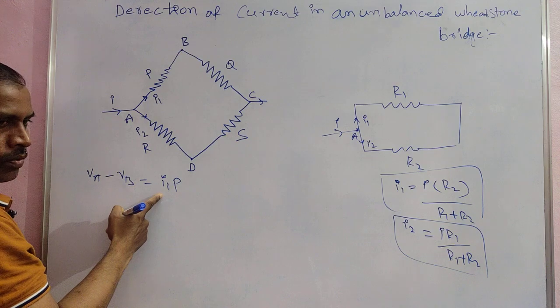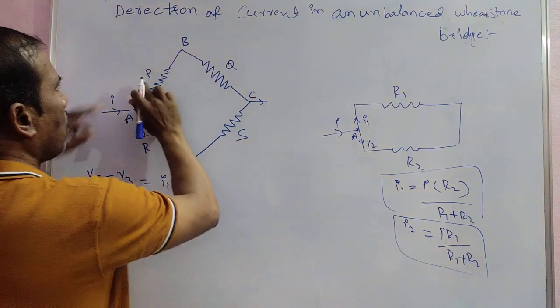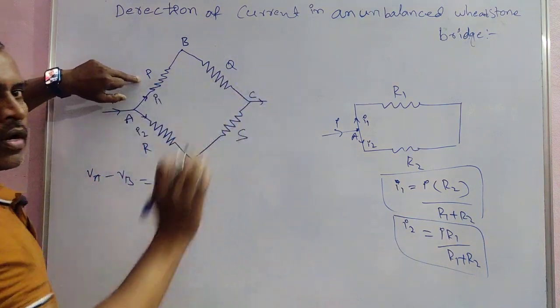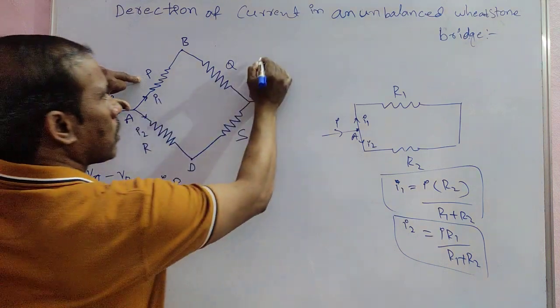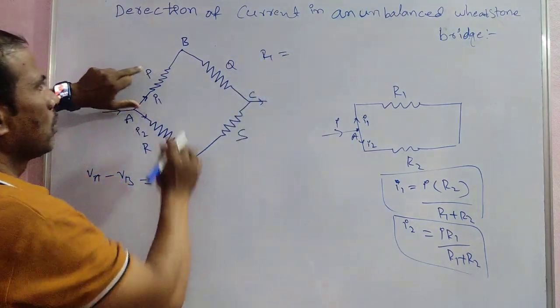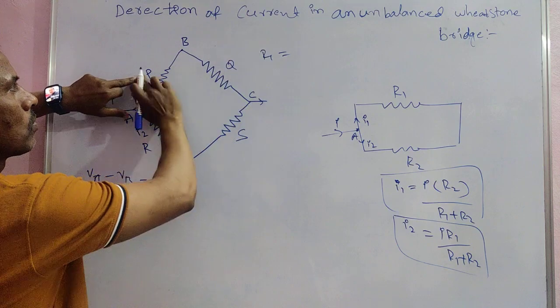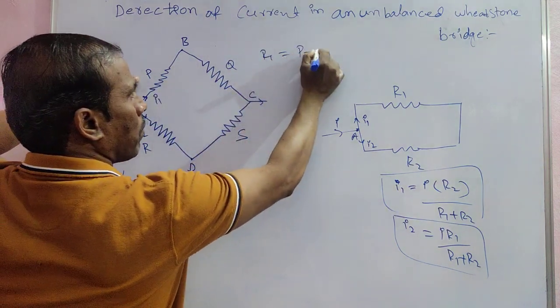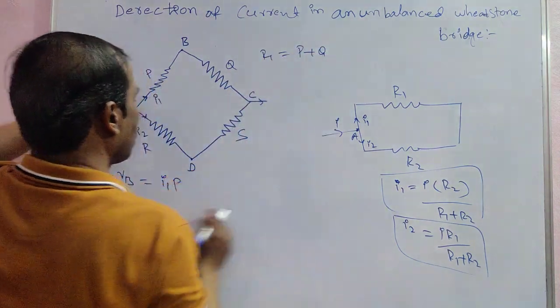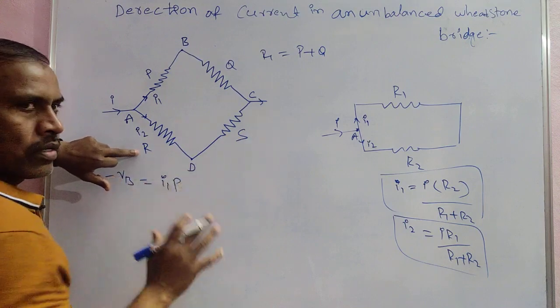Now, P and Q are in series combination. So the series combination R1 is equal to P plus Q. R and S are in series combination.